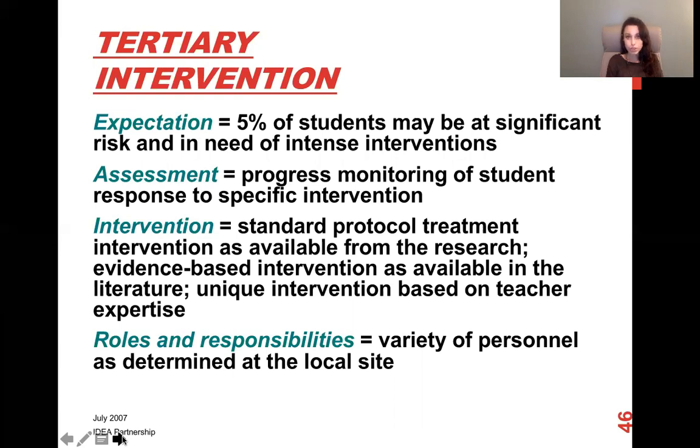They might work with students individually. They might have people come in and do more intensive interventions, progress monitoring. So this is where that student is getting a lot of attention because they're noticing that if we don't reach out and really work hard with the student, they might not make it and they might not pass by the end of the year.